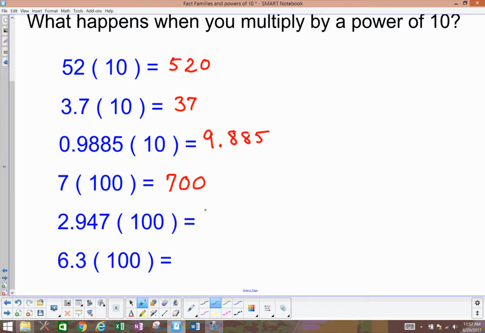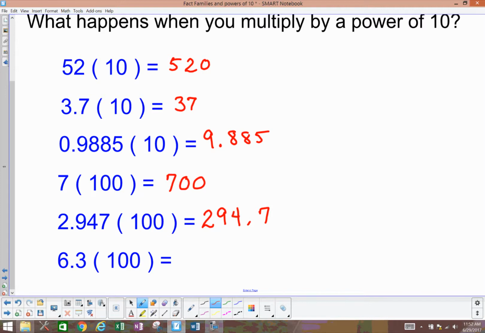If I shift by 2 place values, I'm going to be shifting so that I have 2 in the hundreds place, 9 in the tens place, 4 in the ones place, and 7 in the tenths place. Everything shifted 2 place values because we're multiplying by 10 to the second power.